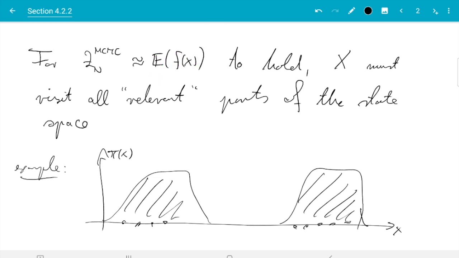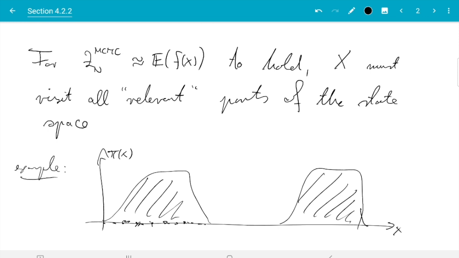But we saw examples where sometimes the Markov chain doesn't make it across this gap in the middle. In this case, there would be more and more samples accumulating here, more in the middle, a few in the tails, but it could happen that the Markov chain doesn't make it over to this mode on the right.